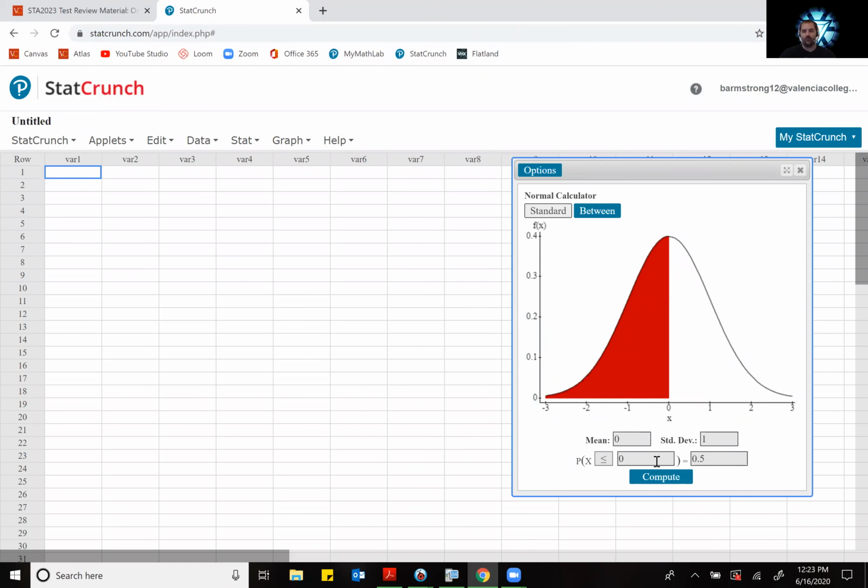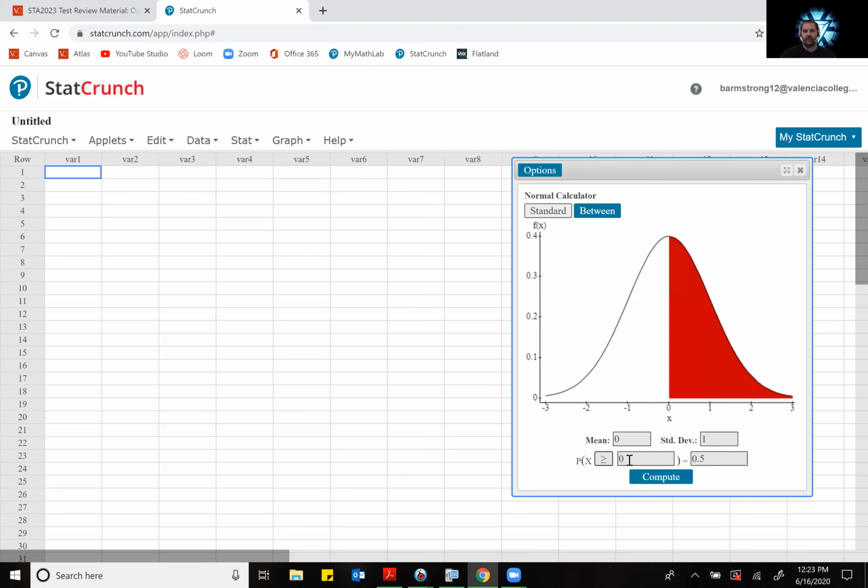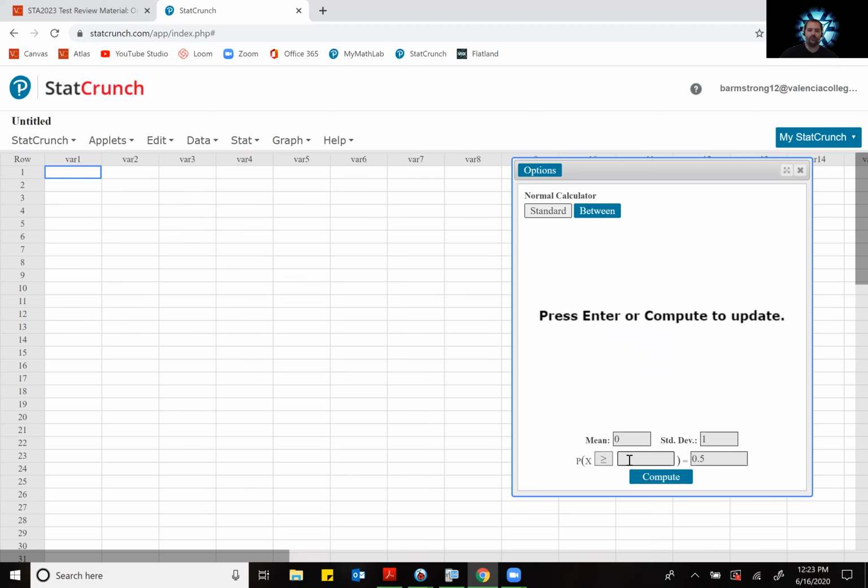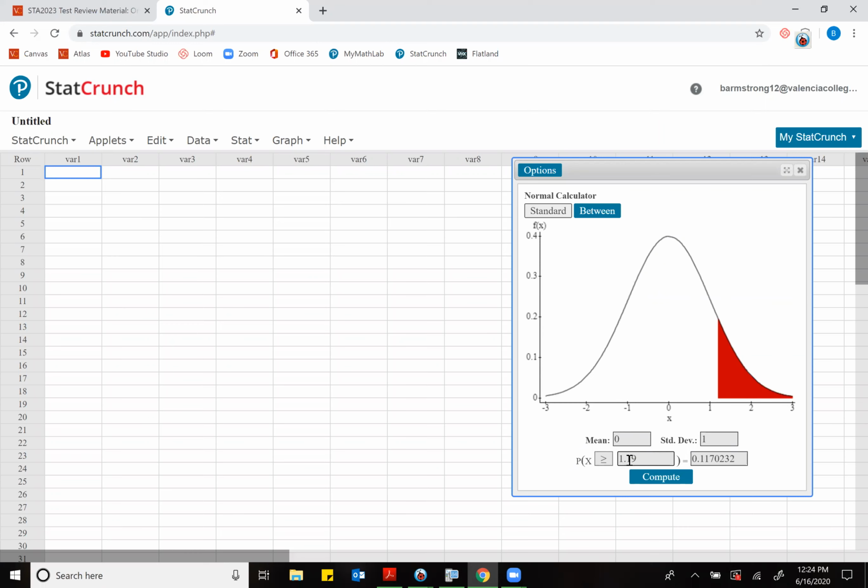Since we're standard normal, we don't have to mess with that. And then all you do is pick whether you are below or above, and then put in that z-score, 1.19. Four decimals. What do we got? 0.1170. So good.